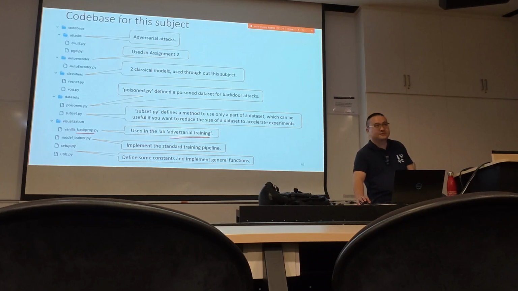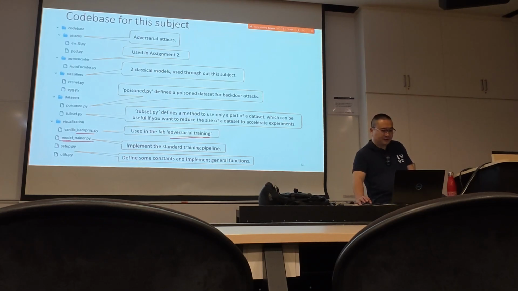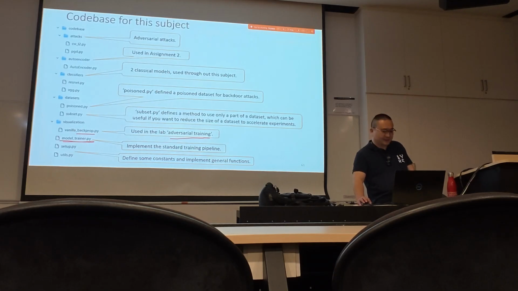This is used to visualize the gradients. And also we have the model trainer. This is the core code in the code base. It provides the training management. Basically, it will load the training dataset, load the testing dataset, and implement the training. You can also look at how it is implemented in the model trainer.